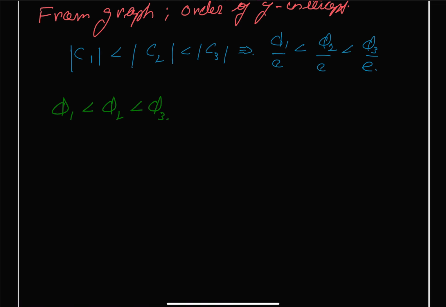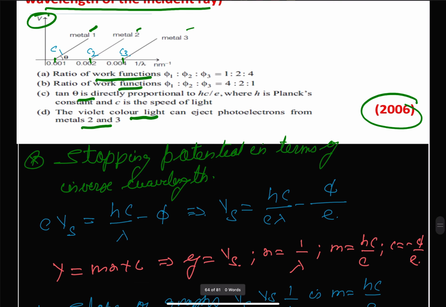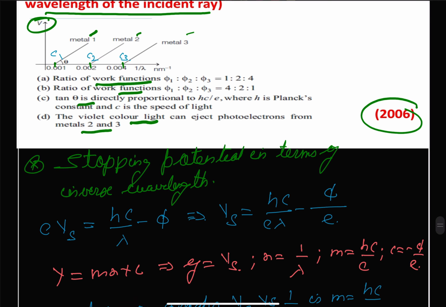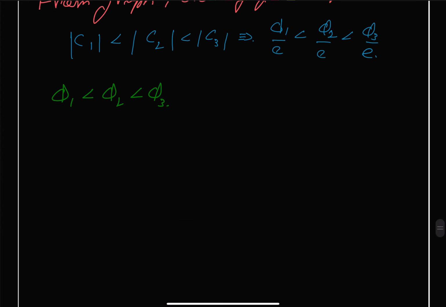And based on the given intercepts, the respective intercepts are given to us as 0.001, 0.002 as well as 0.004, and we have to remember this is 1 upon lambda. So from here we can write that the ratio phi 1 is to phi 2 is to phi 3 will be equal to 1 is to 2 is to 4.